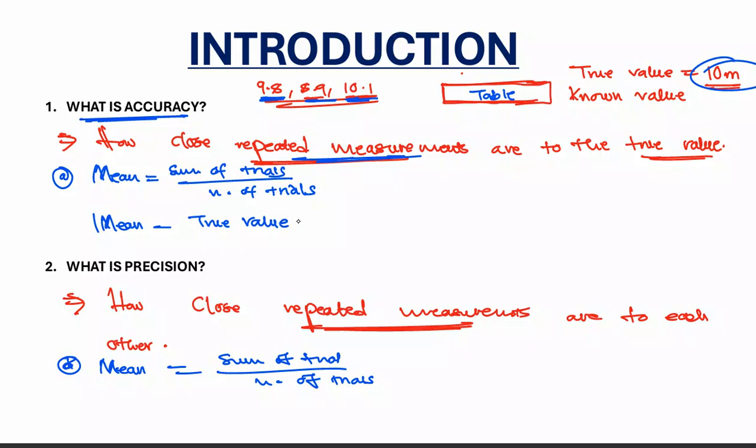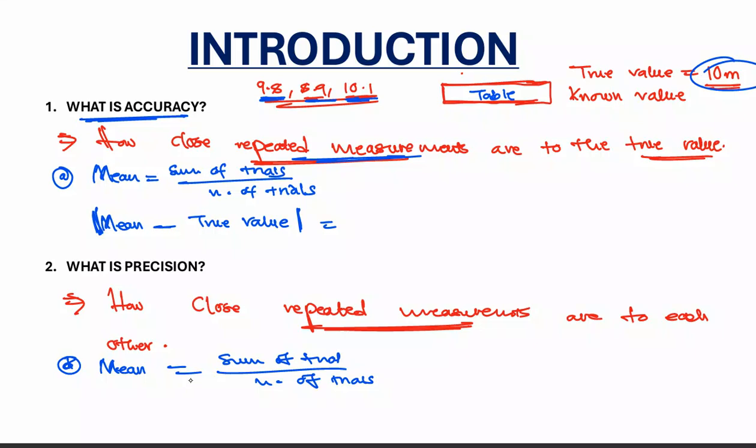You can also do true value minus mean, as long as your answer is positive. That's why we put the answer in absolute values, so that the answer is always positive. This difference between the mean and the true value helps us determine if the person is accurate or not.